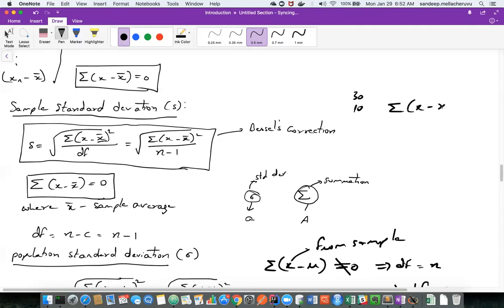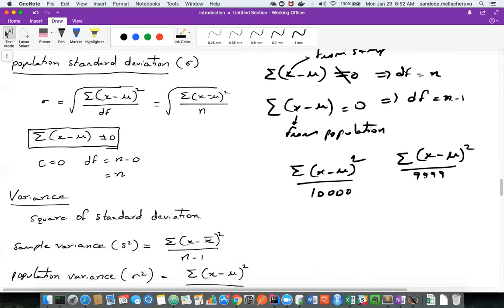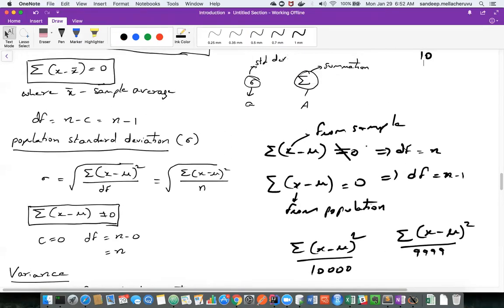There is a larger difference between sigma x minus x bar square by 9 versus sigma x minus x bar square by 10. There will be a larger difference compared to this. So in population, in any case, this n minus 1 is not going to be useful. That's what the statisticians found out at last.